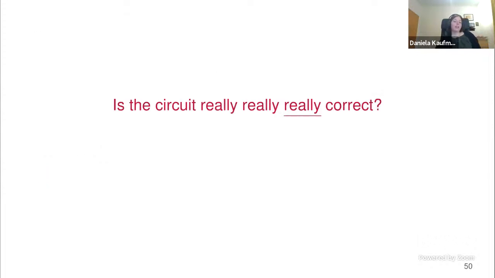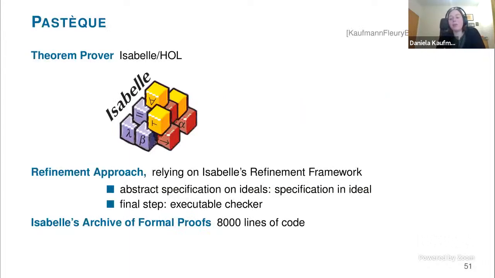Now you can say, hey, you implemented the verification tool and you implemented the proof checker, so it is from the same person. So are we really sure that the circuit is really correct? And there I can also say yes. Because with my co-author, Matthias Fleury, actually this was his work, he implemented the proof checker PASTEC in the theorem prover Isabelle, which relied on Isabelle's refinement framework.